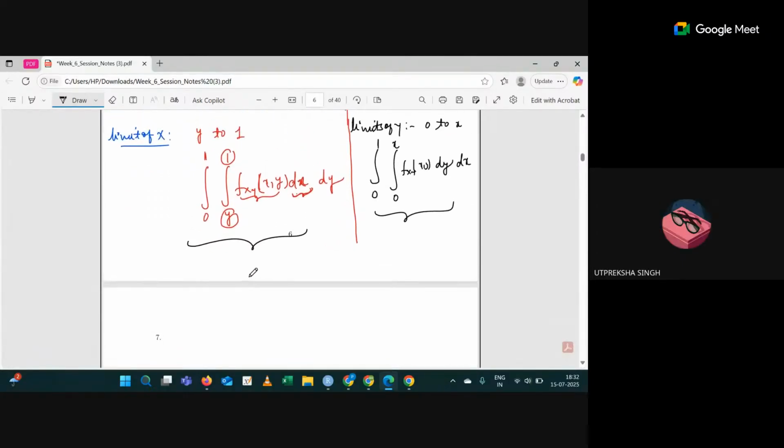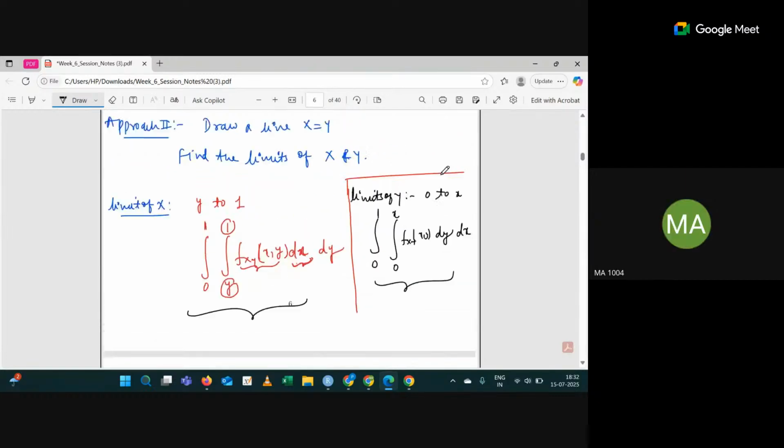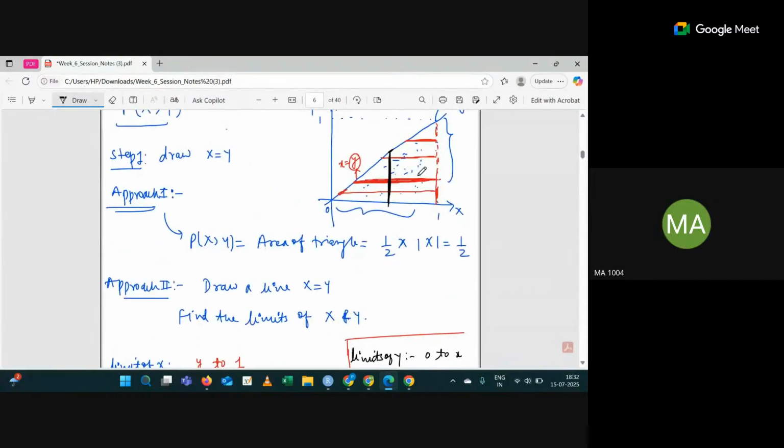Sir, can you explain again how the limit of y came? So, I told you, if you want to calculate the limit of x, first I will draw a parallel line with respect to x. Then you can see the red line, right? The red line is going from where to where? What is the value of x in that situation?